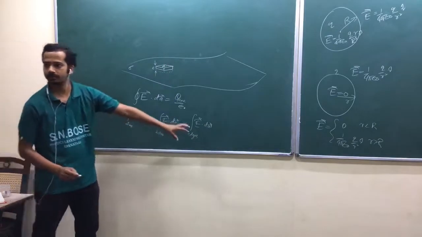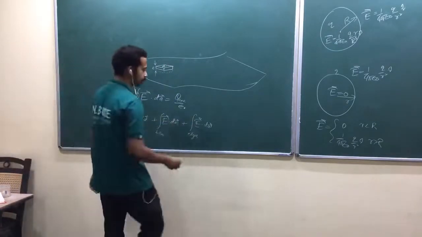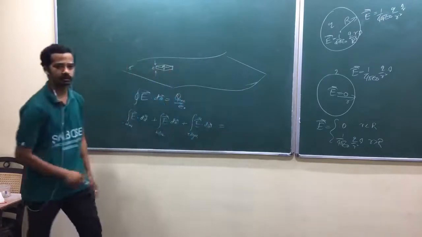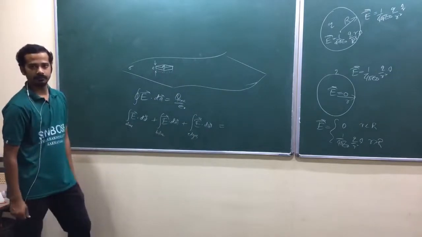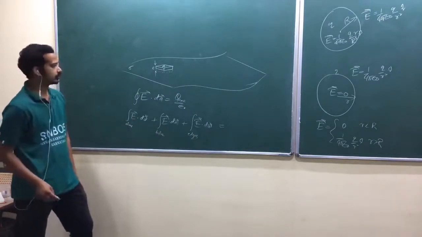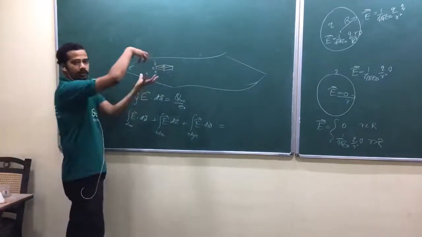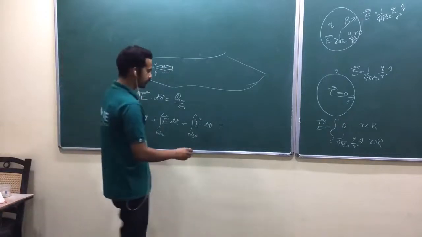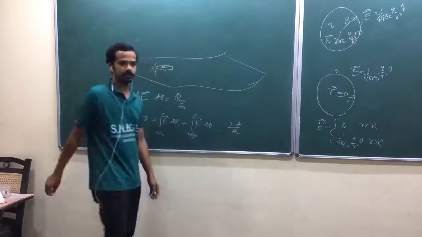Later I'll make that one 0, I'll not take care of that one, once I put epsilon tends to 0. That is equal to, what is Q enclosed? The charge enclosed by this Gaussian surface. This closed pillbox is the Gaussian surface. Sigma into A divided by epsilon naught, isn't it?